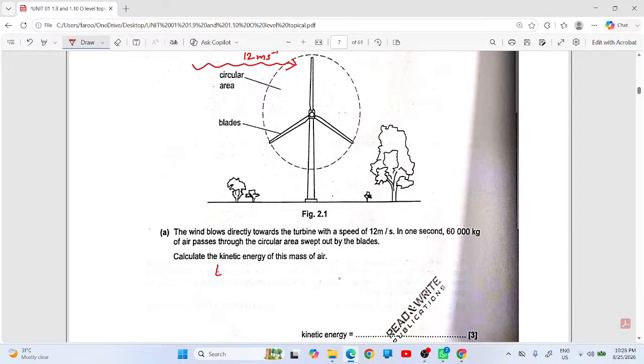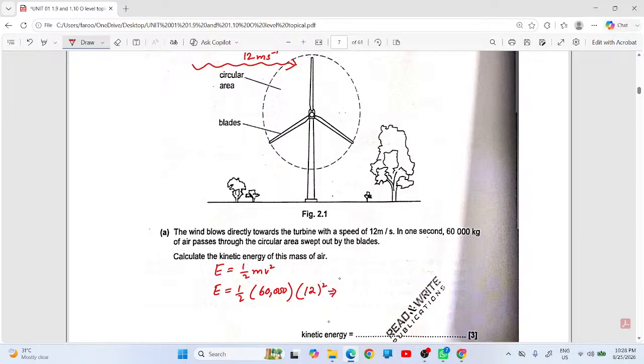Half mv squared. Very good, you first have to write the formula. Half mv squared, where m is the mass, which is 60,000, and velocity is 12.